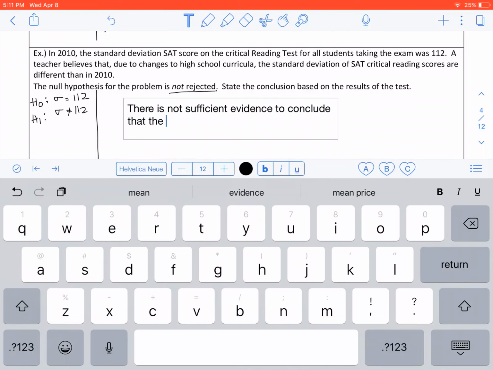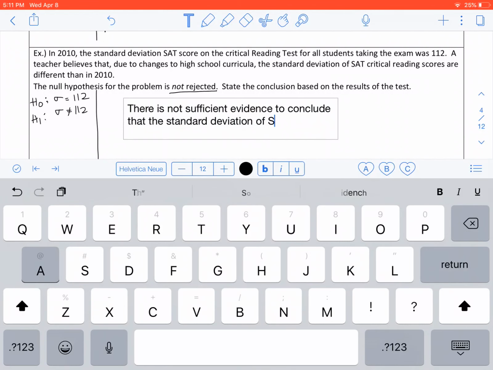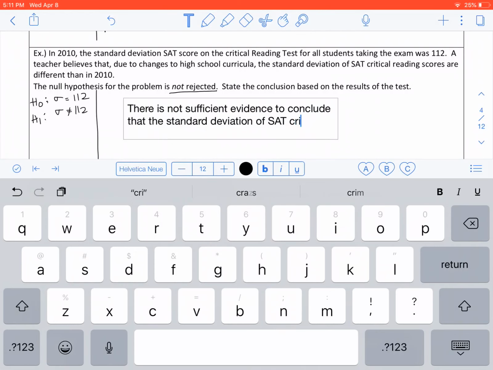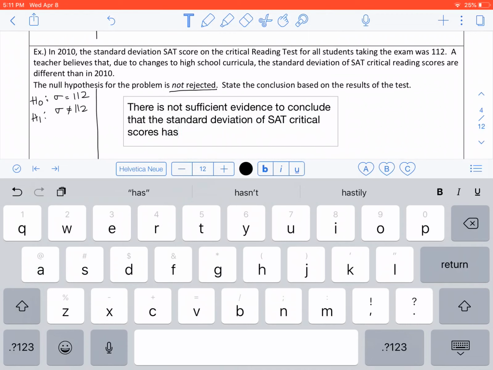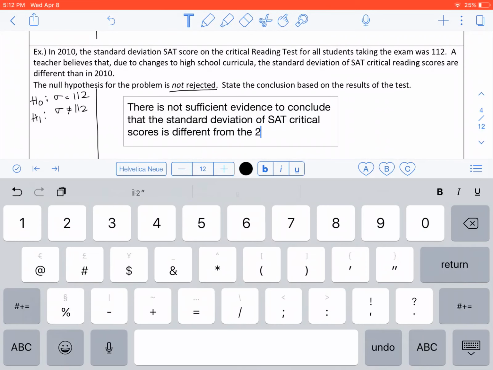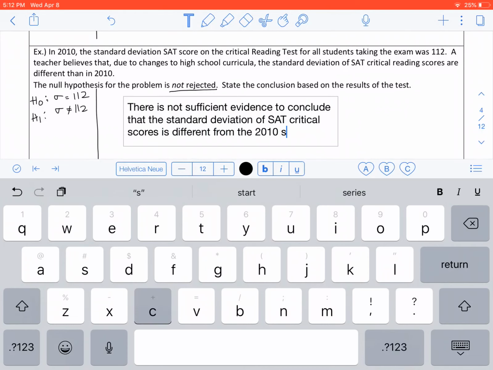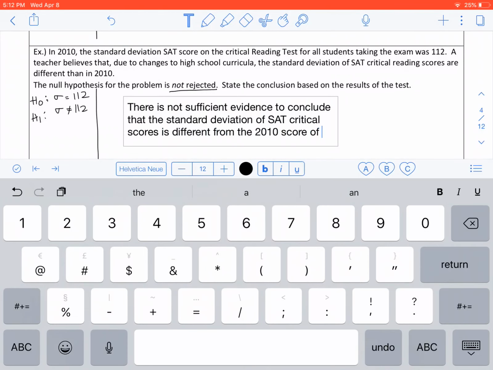So to conclude that the standard deviation of SAT critical reading scores has, I'd say not has, but is different from the 2010 score of 112.